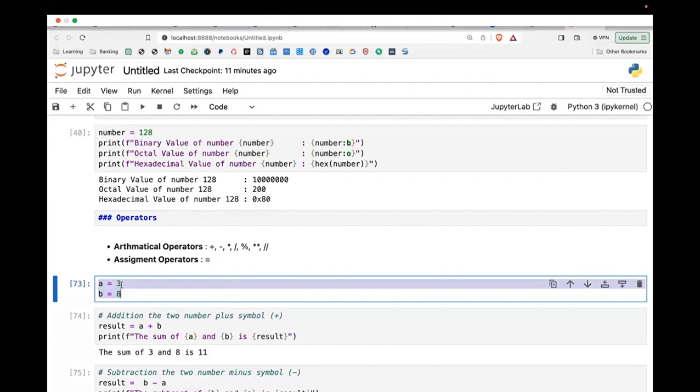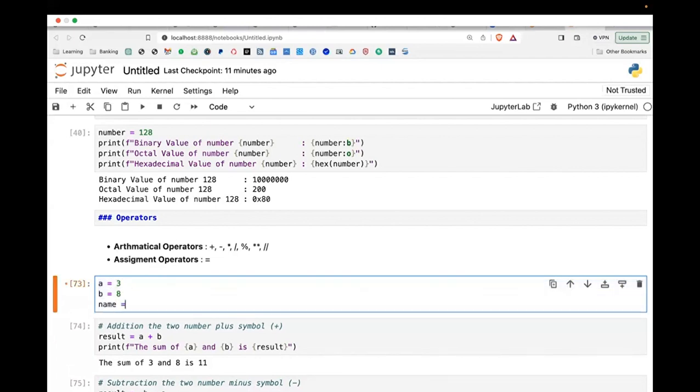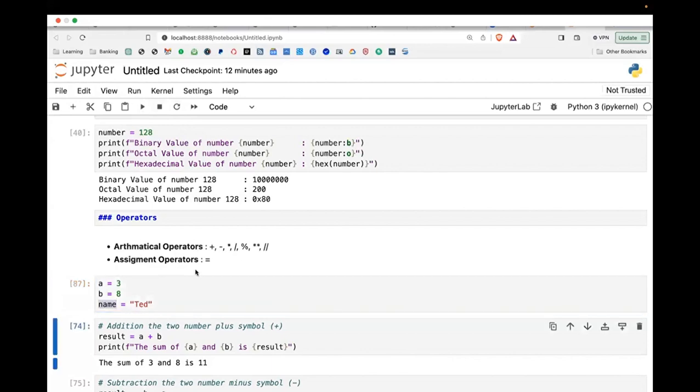Equal means assigning the value to this variable. Like name is equal to Ted. This is the assignment operator, assigning this string to the variable.